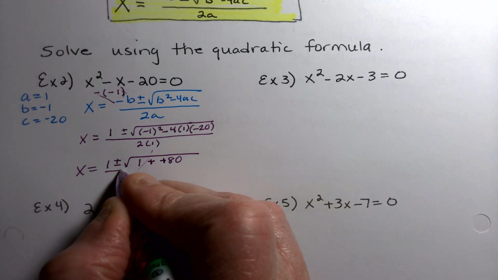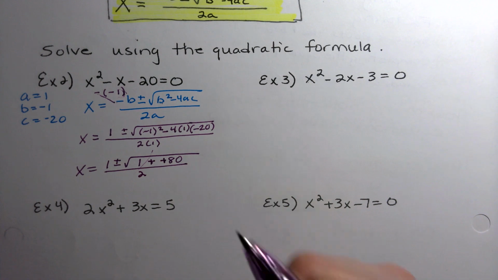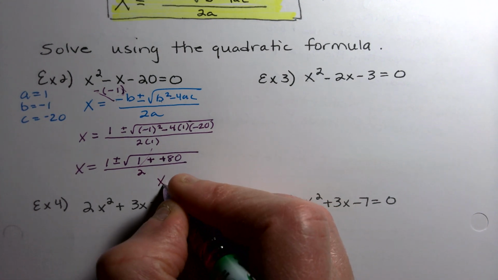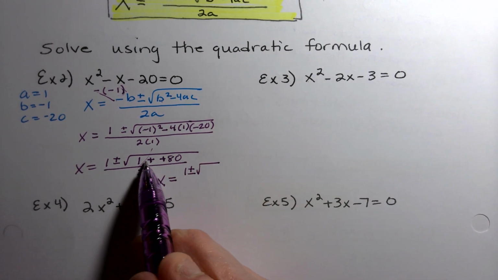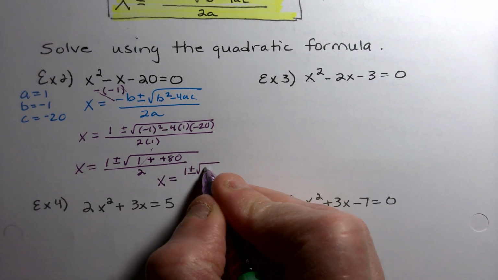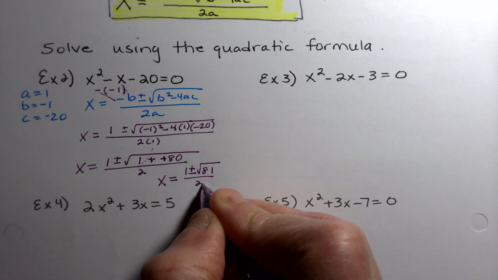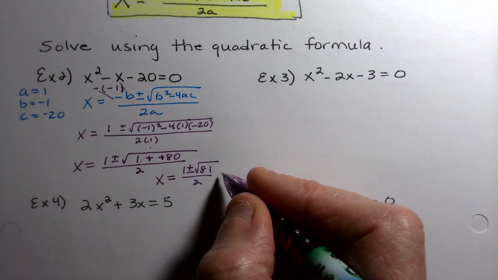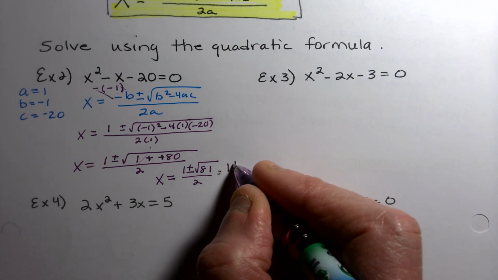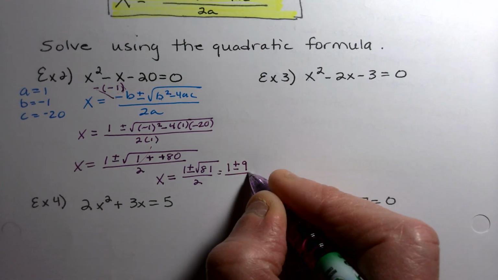A positive. All over 2 times 1, which is 2. Okay, x equals 1 plus or minus the square root of what? What is this? 81 all over 2. Well, that looks nice because the square root of 81 is what? 1 plus or minus 9 over 2.